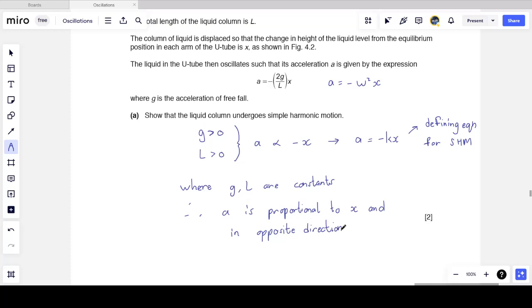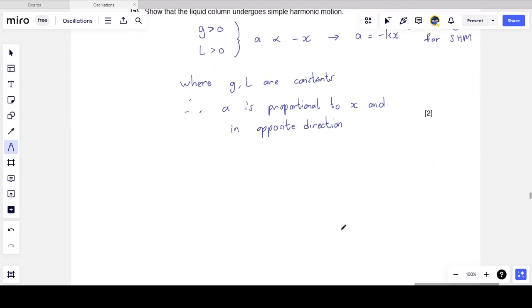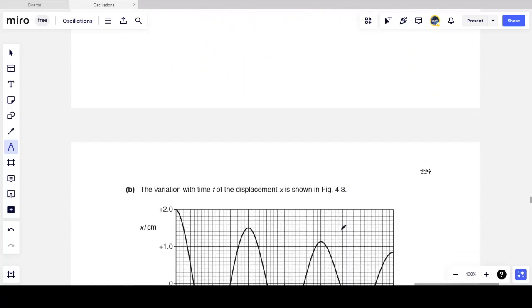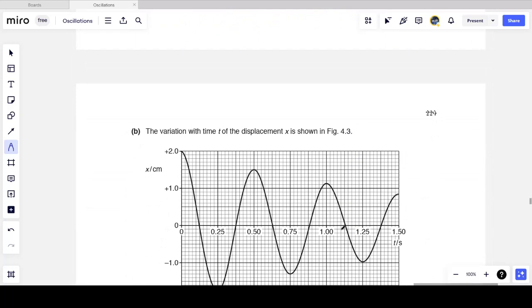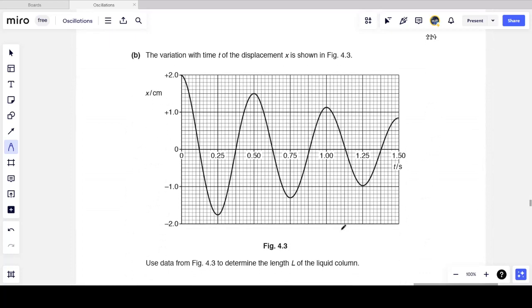So you want A to be proportional to x because G and L are constants, in the opposite direction because since they're both positive, the minus sign means that A and x will always be in opposite directions. And so you could do a little bit more working than is required there, but again, rather be safe than sorry when answering a question like that.